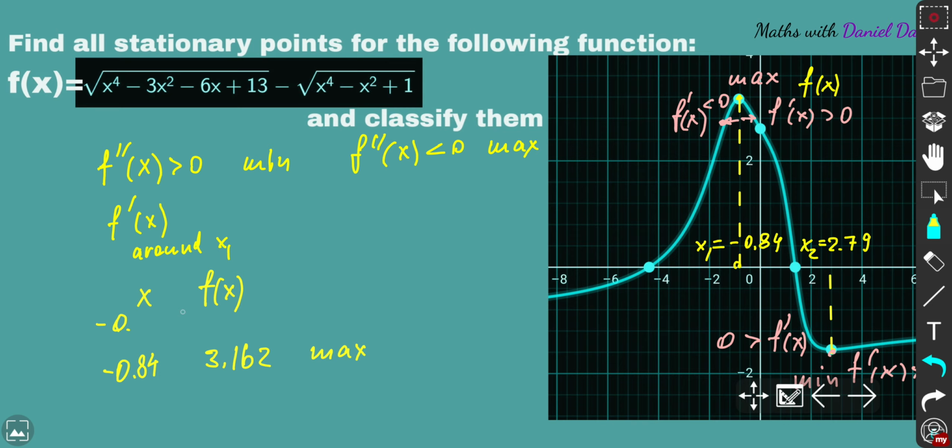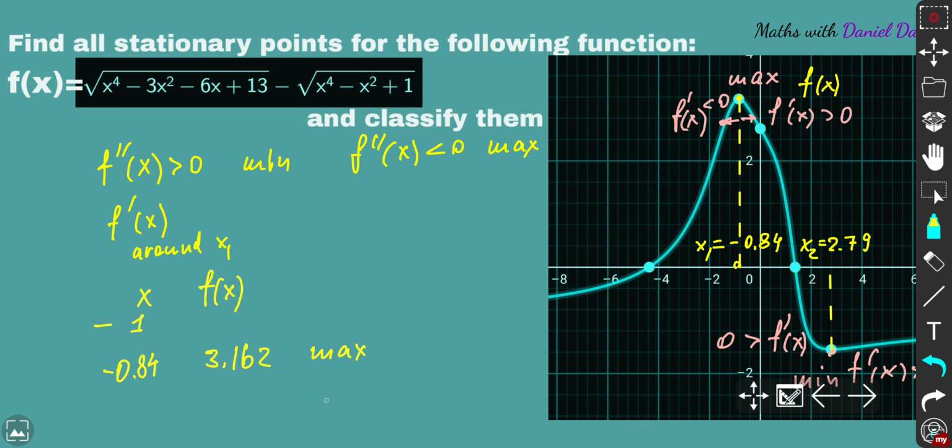Just let me calculate quickly. For example, you calculate at the point, let's say, negative 1, so just around 0.15 away from your point.